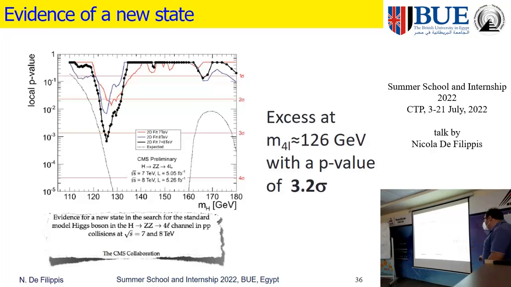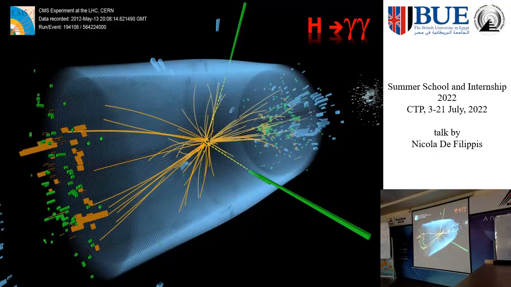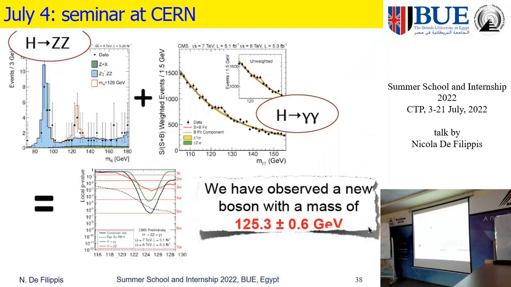Okay? And CMS pulled out a 3 sigma excess at around 125 GeV. This was a candidate event for the H to gamma gamma, and also you could see an excess at more or less the same value in the invariant mass of the four leptons.